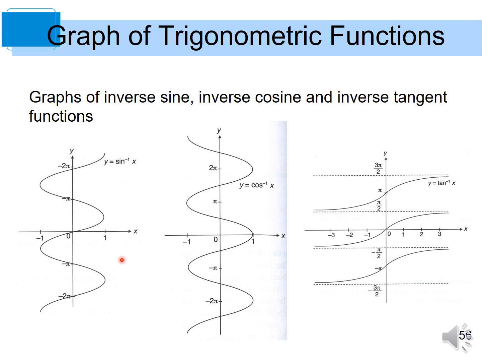The original function of sine x is continuous and moving horizontally, and this axis is the y-axis. But now in the inverse function, the y-axis becomes the x-axis, and the x-axis, the domain, now becomes the y-axis, the range. Same for the arc cosine and the arc tangent.